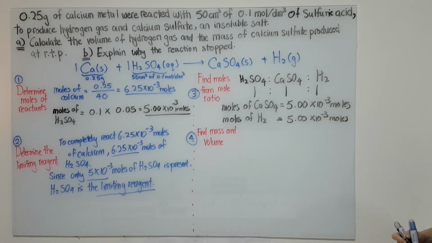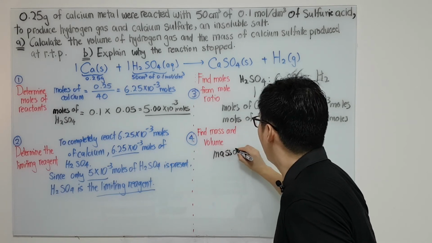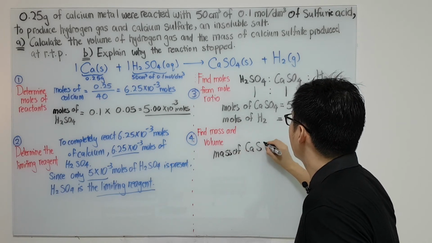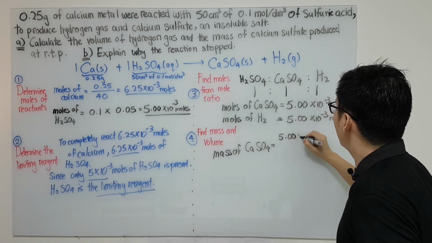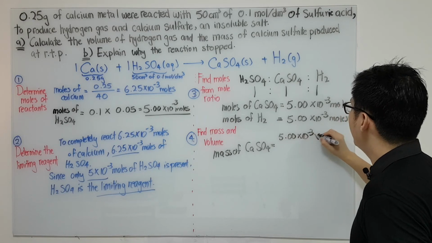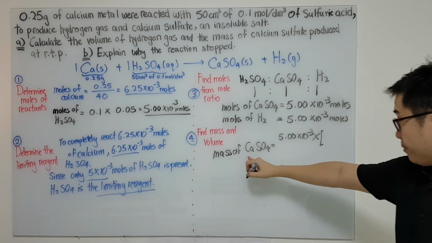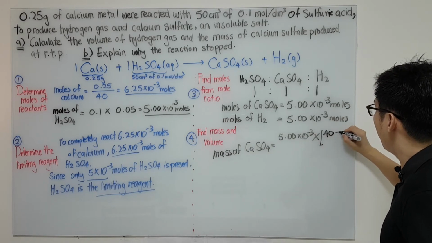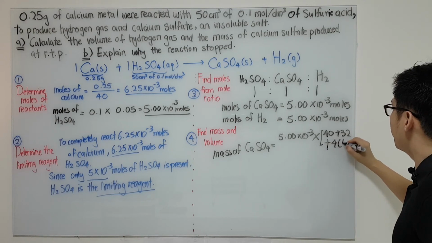Now, once you have the moles, I don't think it will be too hard for you to find the volume and the mass of the respective products. The mass of your CaSO4 is equal to 5.00 times 10 to the power of negative 3 times the Mr of CaSO4, which is 40 plus 32 plus 4 times 16.